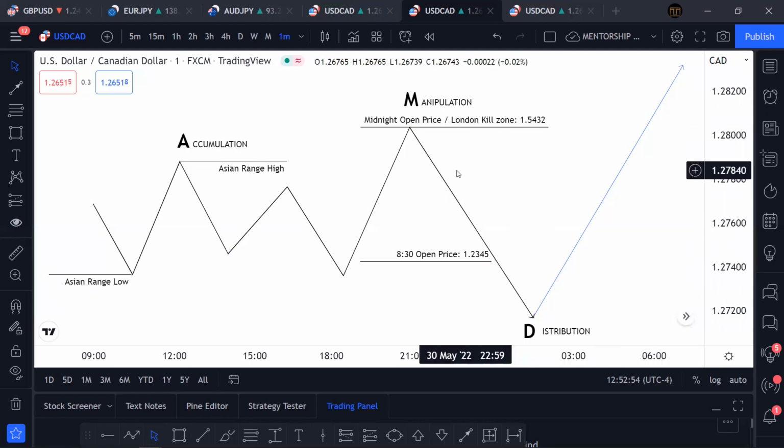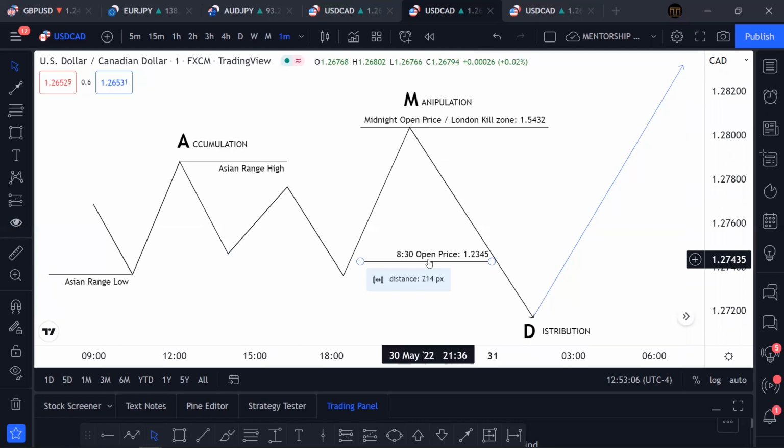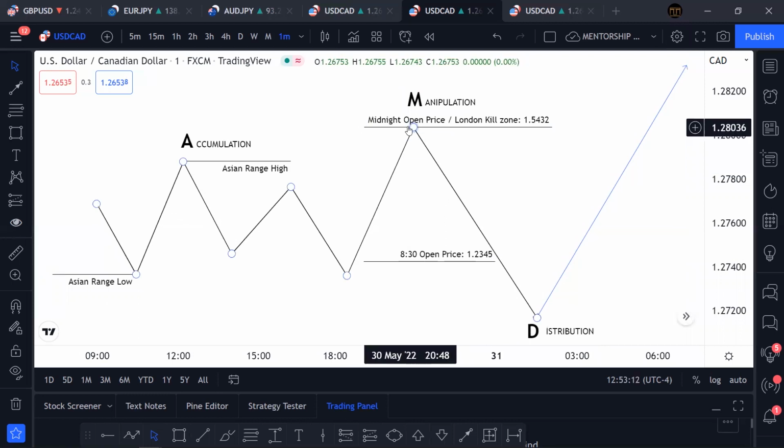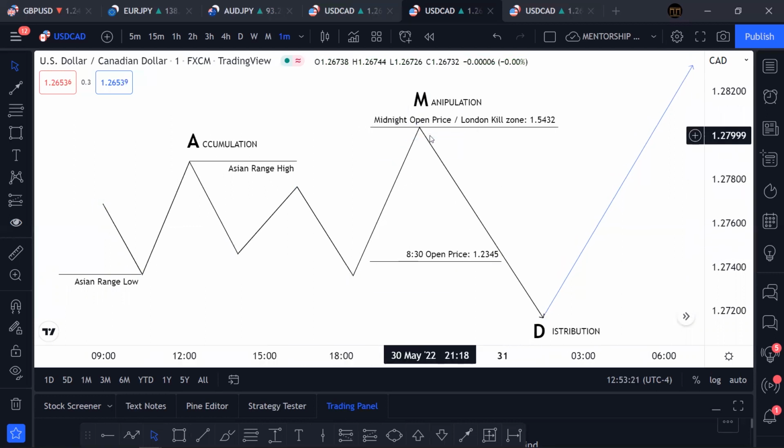I repeat, if you find yourself trading below these two open prices, we are going to buy. If you find yourself above these two open prices, we are going to sell. These are the things I look for at exactly 8:30 in the morning, New York time.